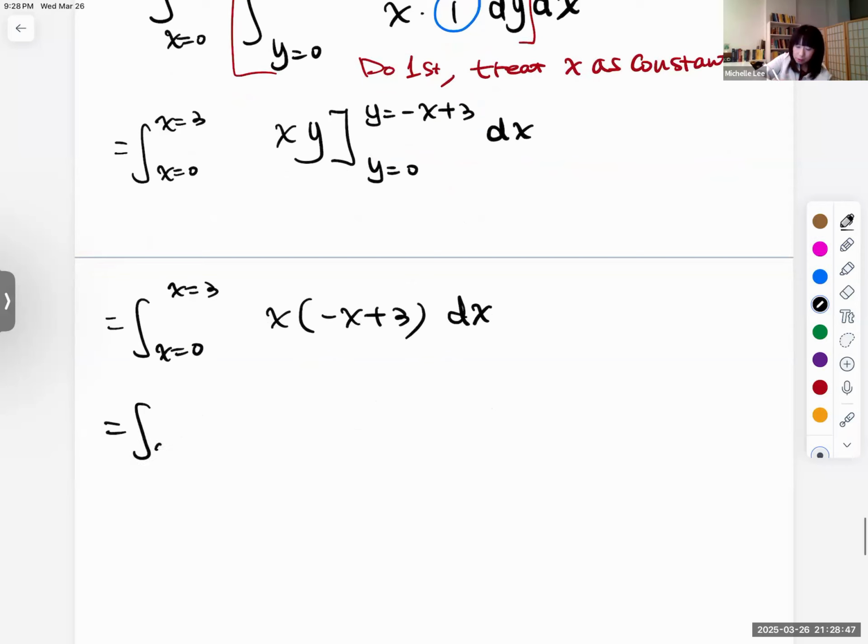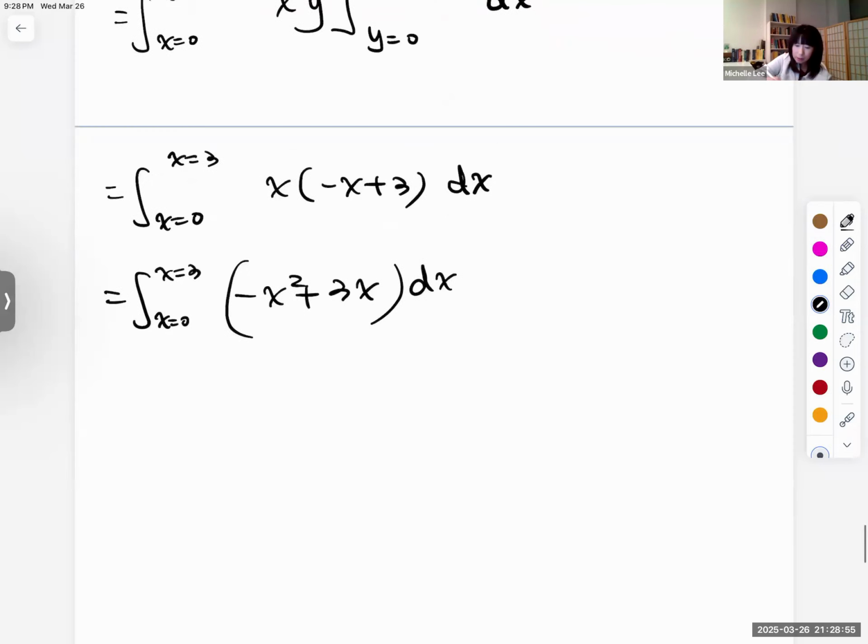So we have negative x squared plus 3x dx, from x equal to 0 to 3. Let's integrate. So negative x to the third power over 3 and plus 3x squared.